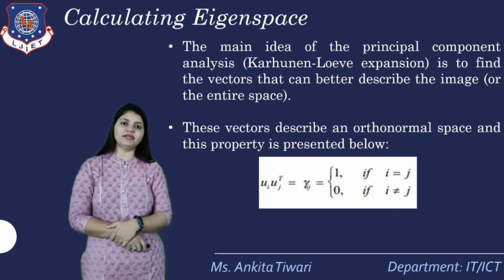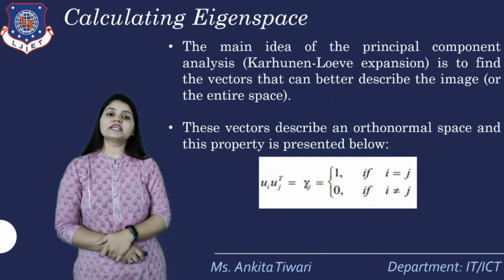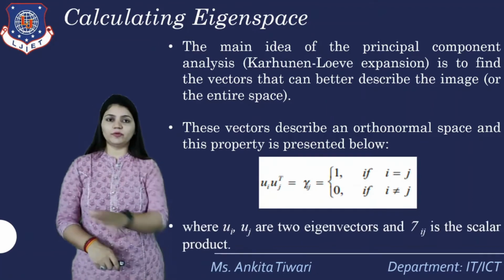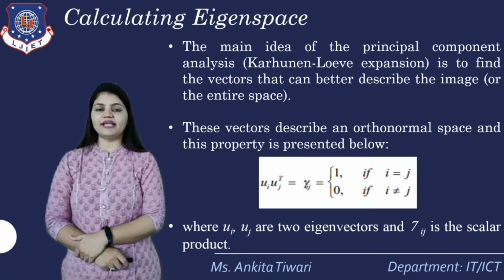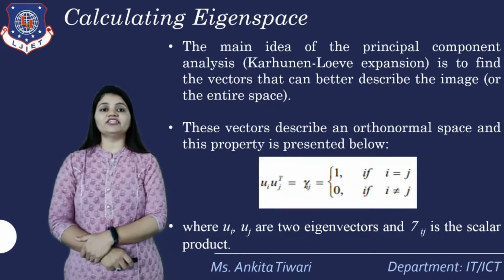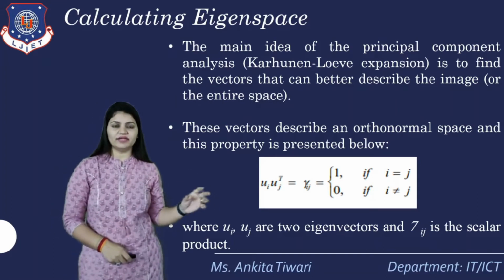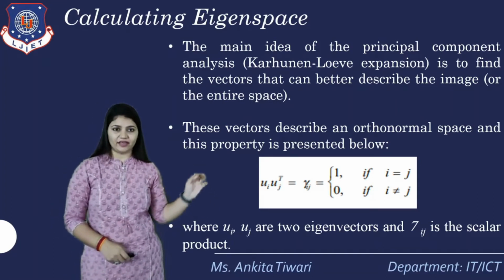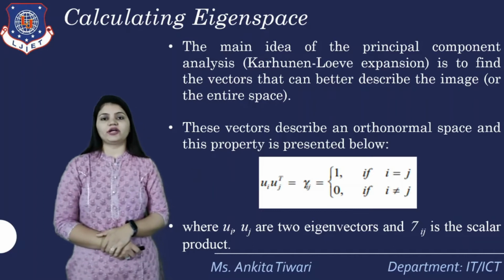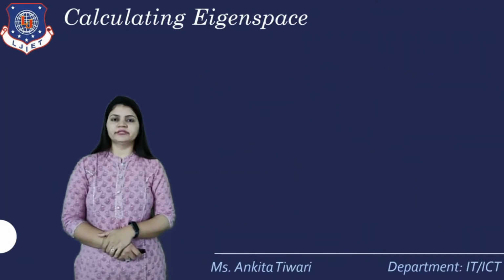It is 1 if i equals j, and 0 if i is not equal to j. So both cases are defined. Here u_i and u_j are the two eigenvectors, and δ_ij is the scalar product for the particular u_i and u_j product.